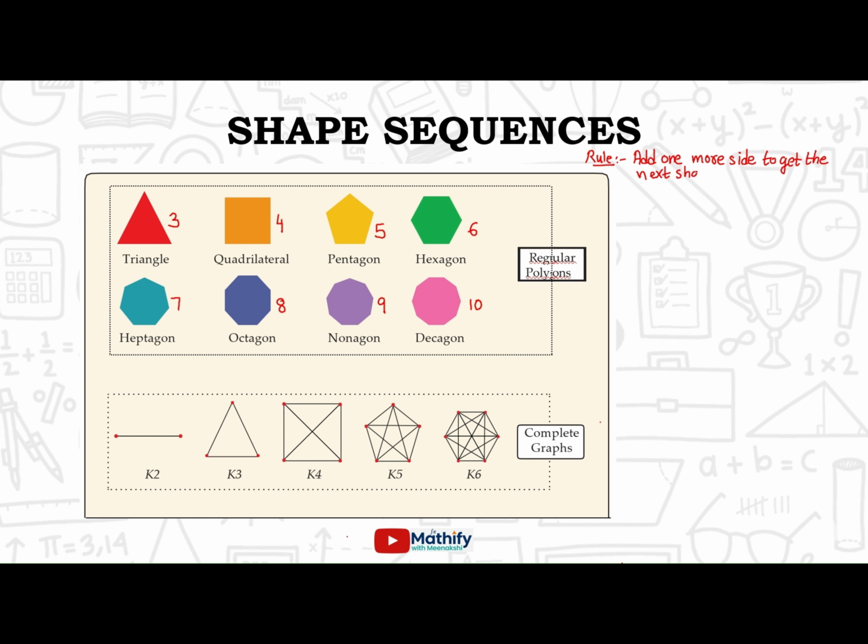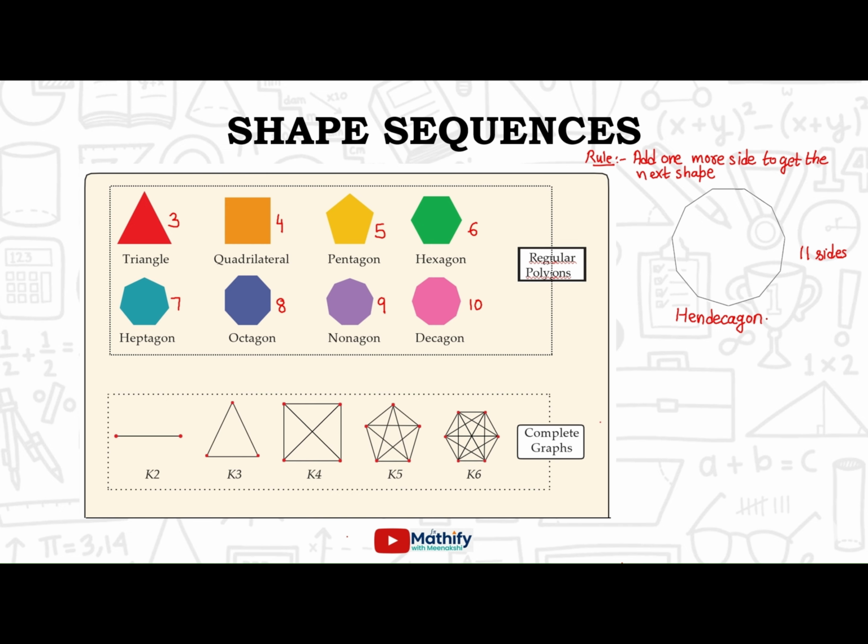So after the decagon, we need a polygon with 11 sides, and that is here. It's known as a hendecagon. It has 11 sides. Yes, now let's move to the next sequence.